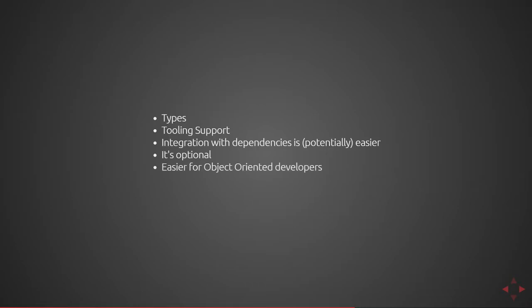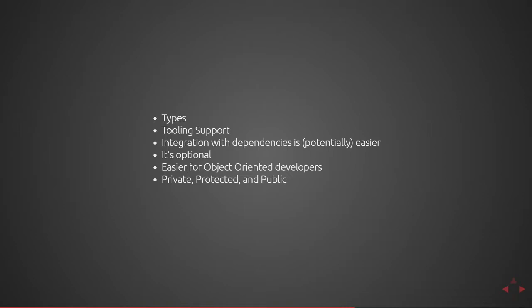The other aspect is it's easier for object-oriented developers to pick up this language. Type definitions are very similar to that of Java, so making that jump from a purely back-end point of view, such as a Java developer who does mostly database access, they can now move to a UI framework a little bit quicker.